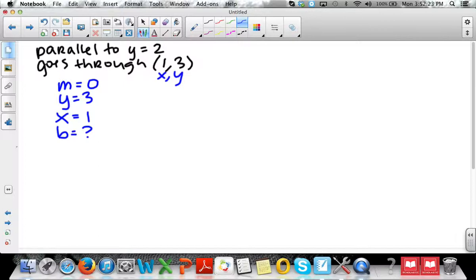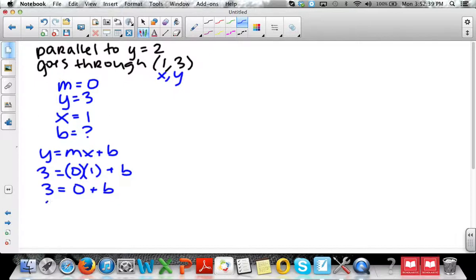So if I plug all this into y equals mx plus b, let me write that down again, I forgot, sorry. 3 equals 0 plus b. So b is 3. If you notice, that is just the y part of my coordinate. B is just the y part of my coordinate, because x doesn't matter. There was no slope.